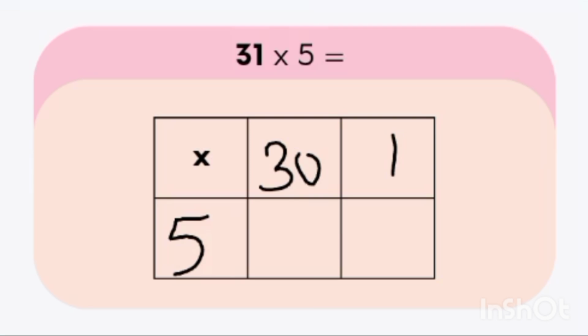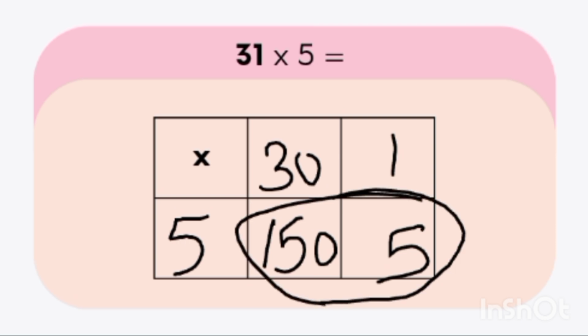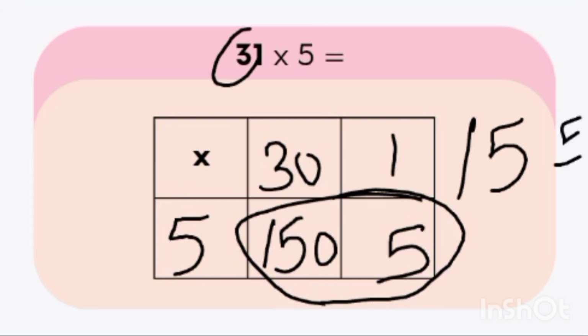When we multiply that, our results will be 150 and 5. In our next step, we add these two numbers, 150 plus 5, and we get 155. It means 31 multiplied by 5 equals 155.